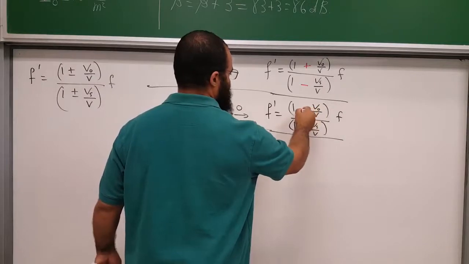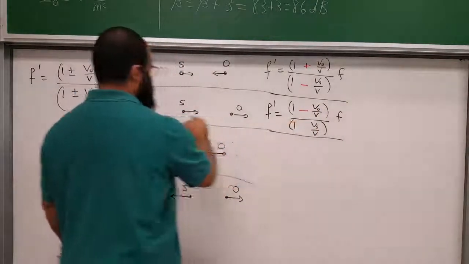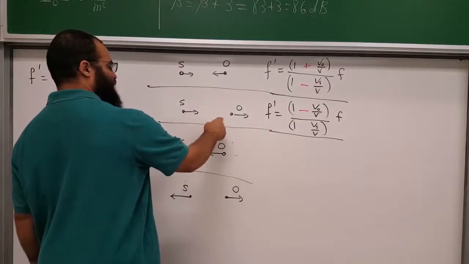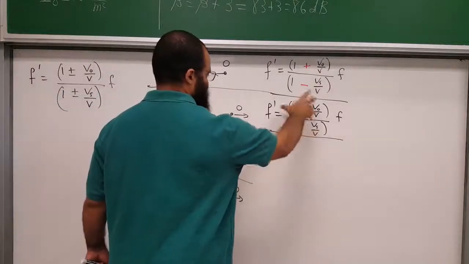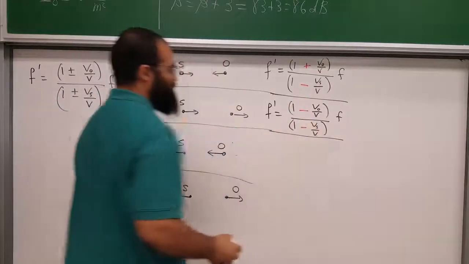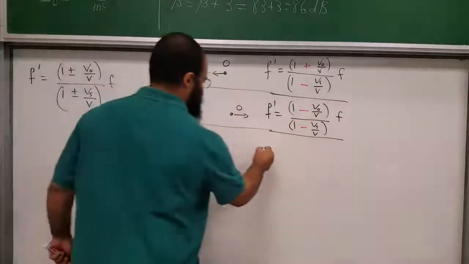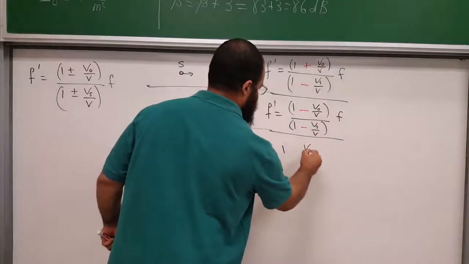A smaller numerator makes the overall number smaller. In the denominator, the source is moving toward the observer, so the source is trying to make the frequency larger. So it's in the denominator. Smaller denominator is a larger fraction, so subtract. So both are minus.